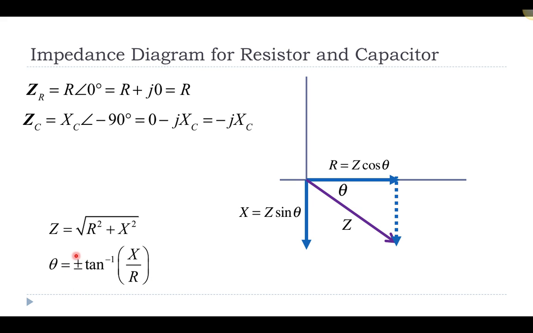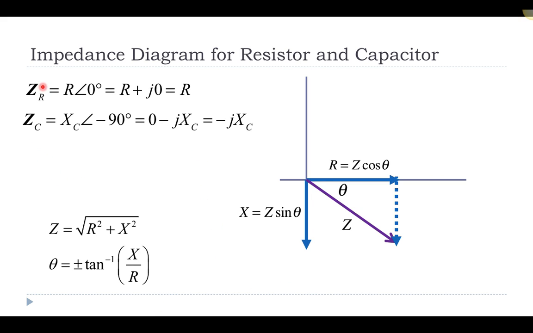And so now these plus-minuses make sense, because our angle will always be negative if I have more capacitive reactance in my circuit than inductive reactance, and it'll be positive if the inductive reactance is dominating over the capacitive reactance.